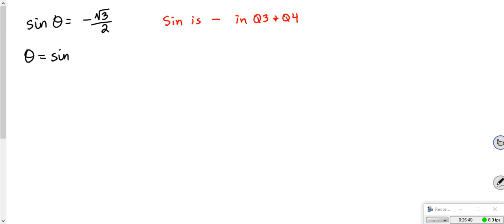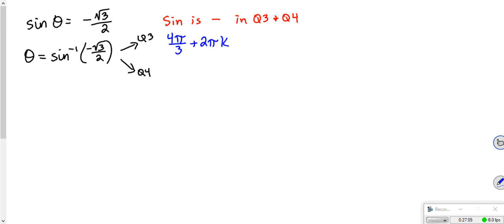So remember, theta is the arc sine of negative root 3 over 2, which again gives us 2 answers. This is quadrant 3, this is quadrant 4. Quadrant 3's answer, I'll put it in blue, make it maybe a little easier to see, is again the 4 pi over 3 plus 2 pi k.